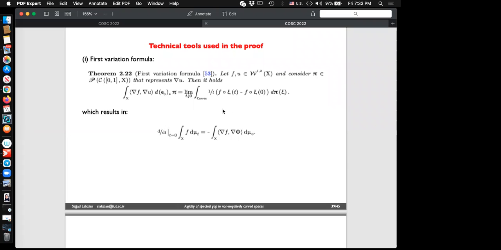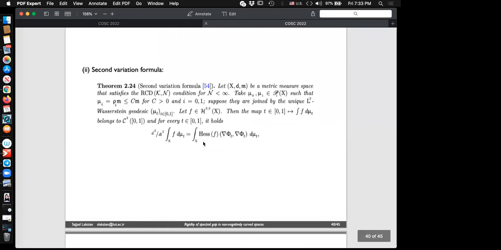I'll explain all the details that go into the formula. The second variation formula tells you basically the relation between the Hessian and the second derivative of f in the direction of these optimal transport, or Wasserstein geodesic, families of measures. And again, this Hessian term you can define in the RCD setting.